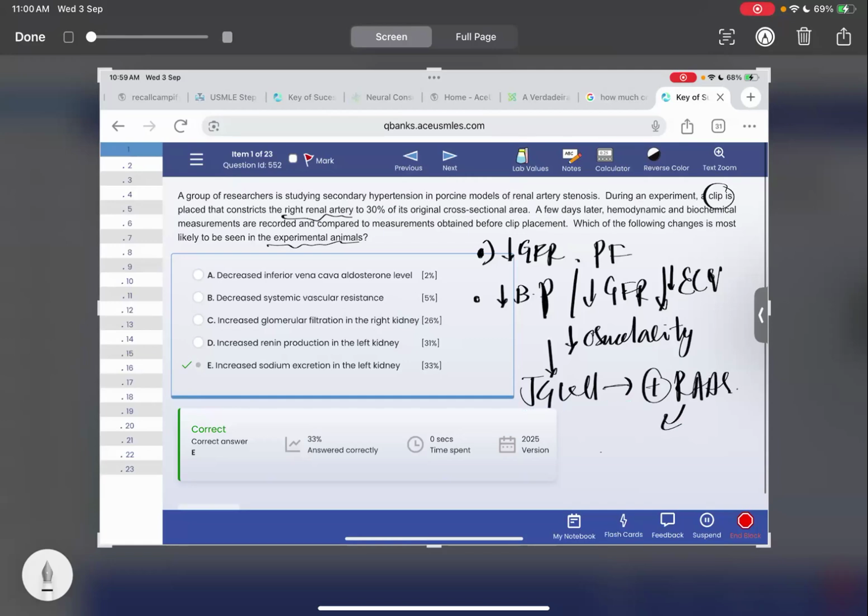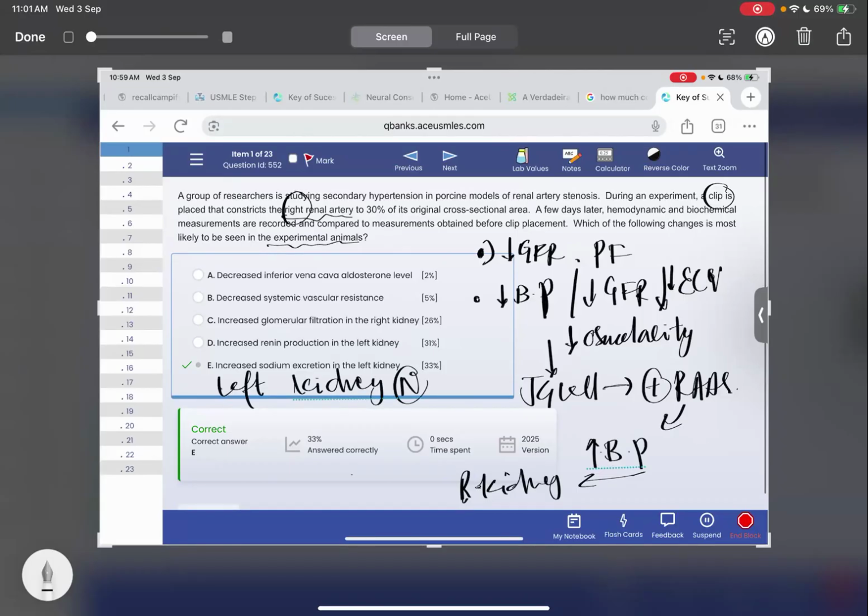And what will RAS do? It will increase the blood pressure. So all this is happening in the right kidney, because they have clipped the artery on one side, right? While the left kidney is normal, right?